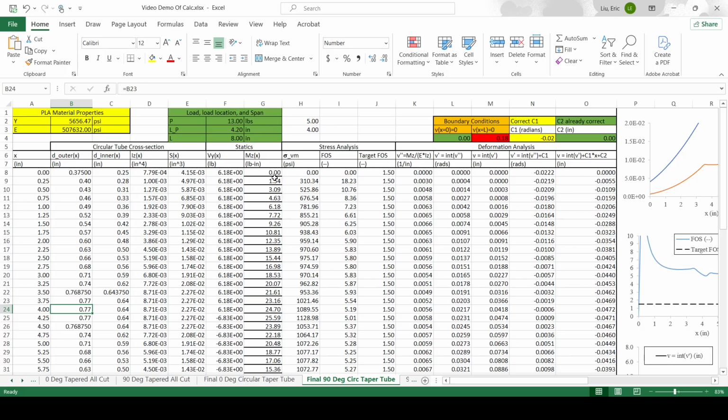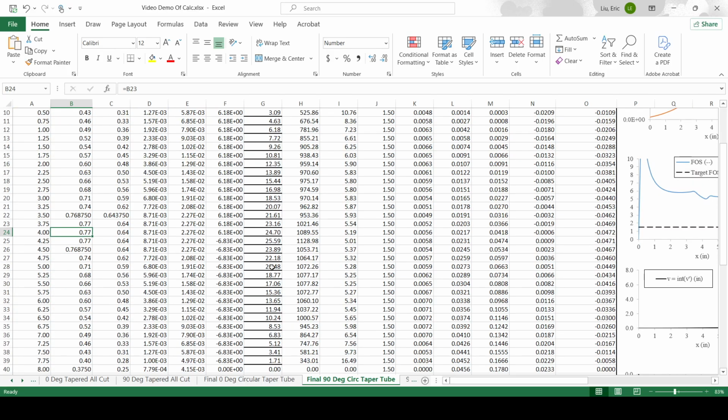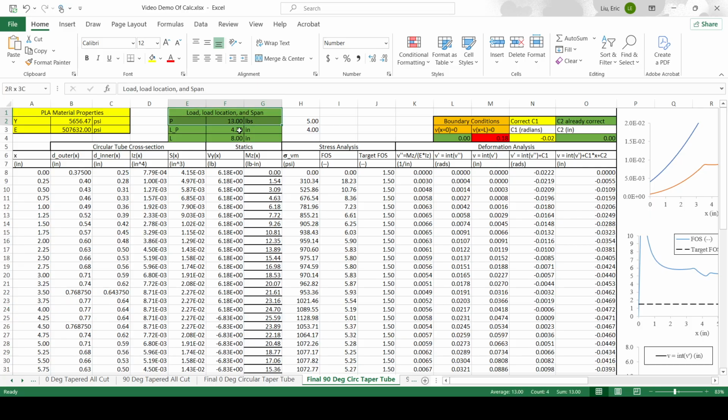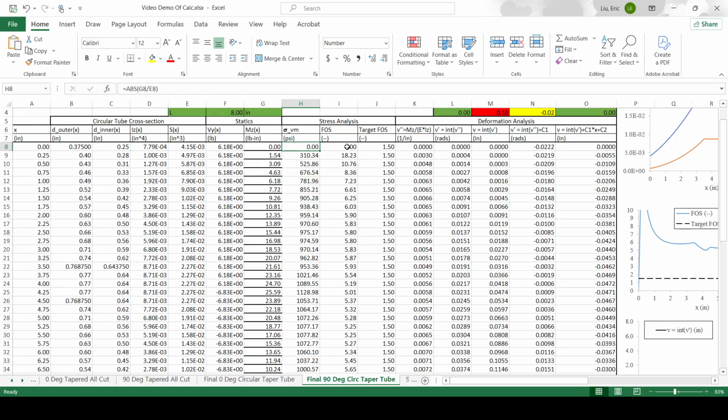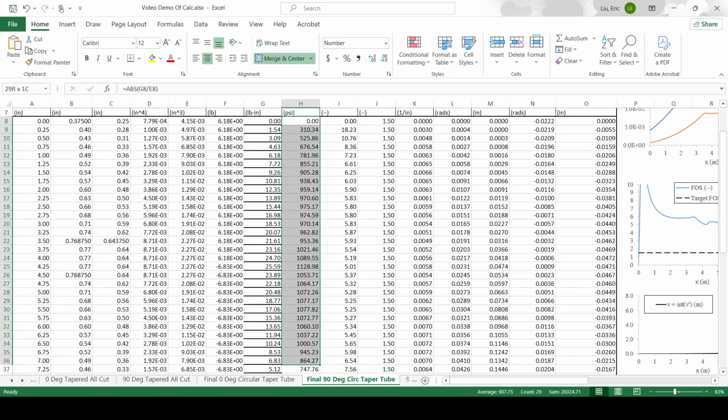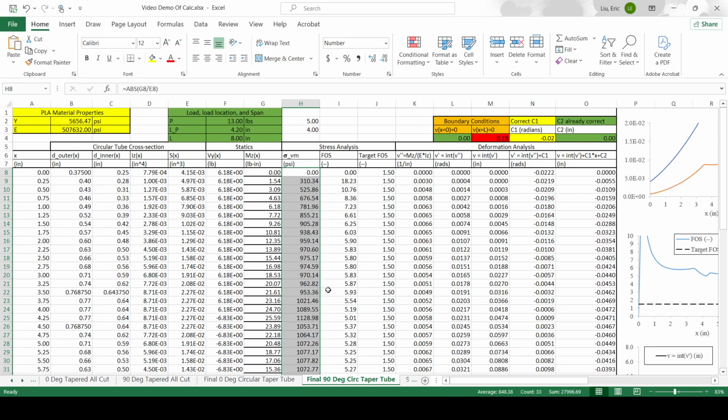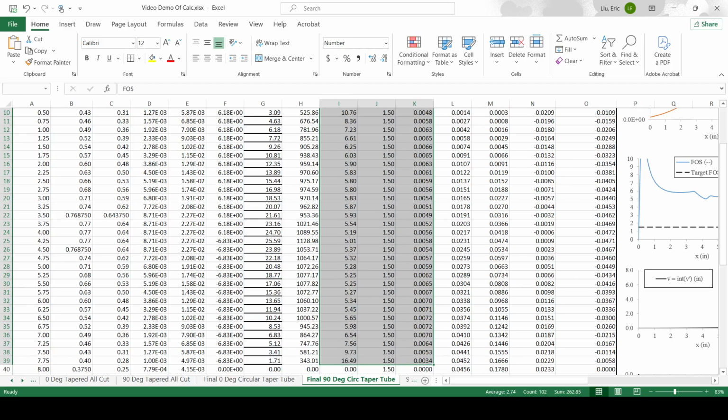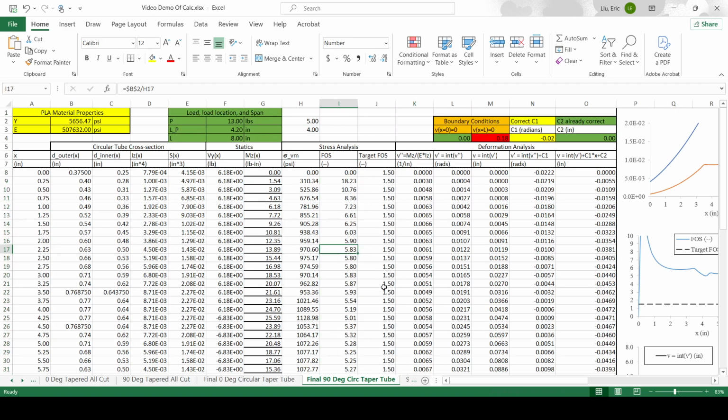All right. So you can see the moment is adjusted because the side load here is different from the center load. And then you can see we have the factor of safeties here for stress analysis. While von Mises stress is just an indicator of stuff, we mainly care about these two, factor of safety and target factor of safety.